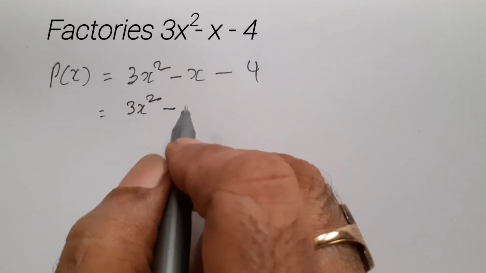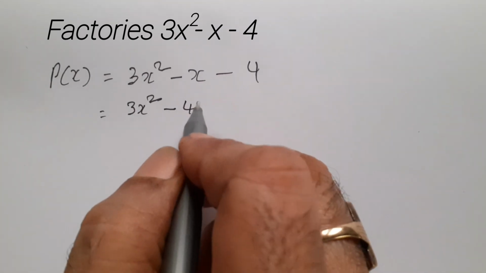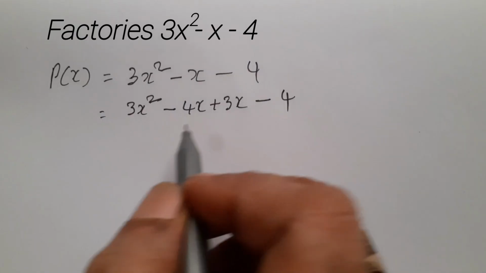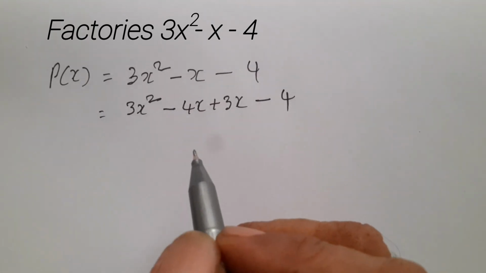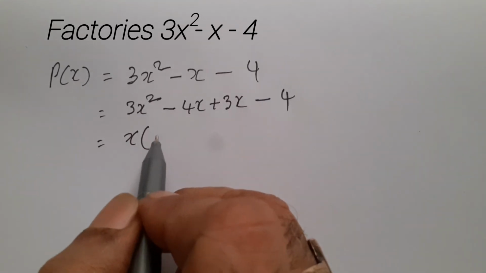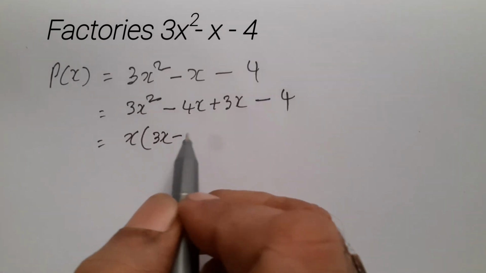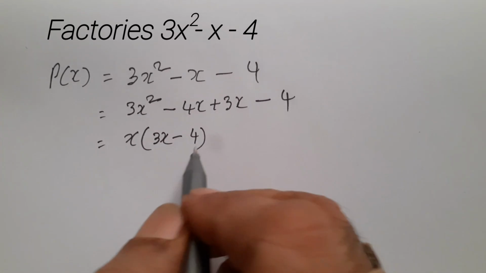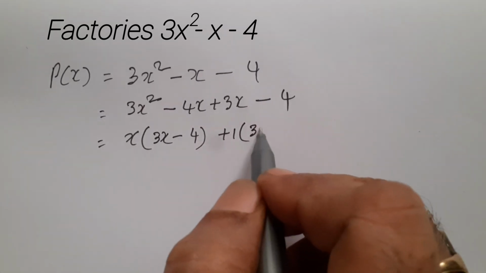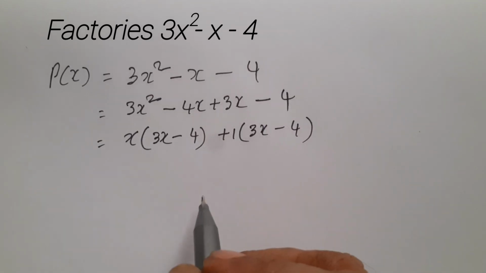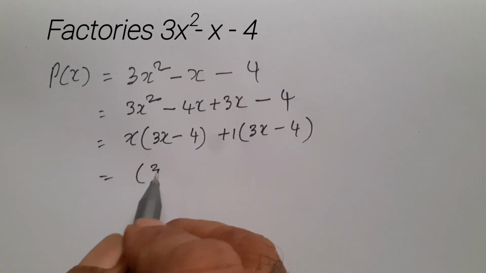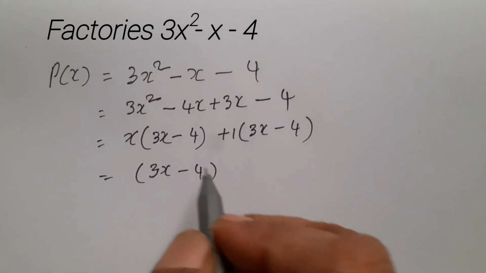In the first two terms you can take x as common, x(3x minus 4), and in the last two terms take plus 1 common, 1(3x minus 4). Again in these two terms we can take 3x minus 4 as common. So 3x minus 4 into x plus 1. The factors are 3x minus 4 and x plus 1.